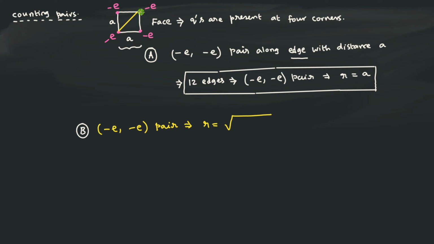So you have to take this particular right angle triangle and then calculate what is the length of the yellow color line. So therefore that gives me square root of A square plus A square. So that gives you square root of 2 multiplied by A. So therefore our conclusion is that it is possible to form a pair like this by considering the face diagonals.